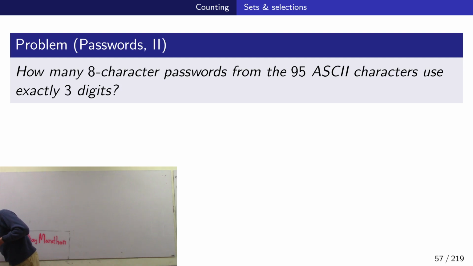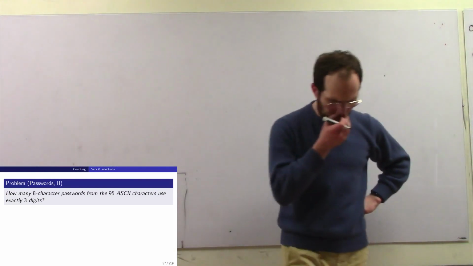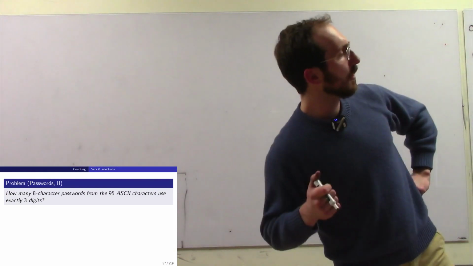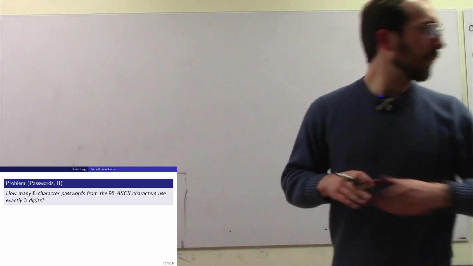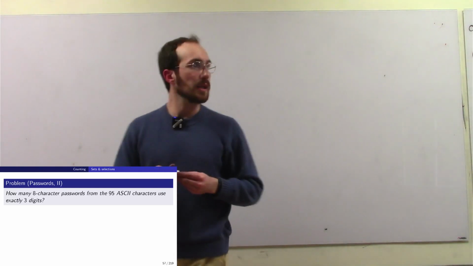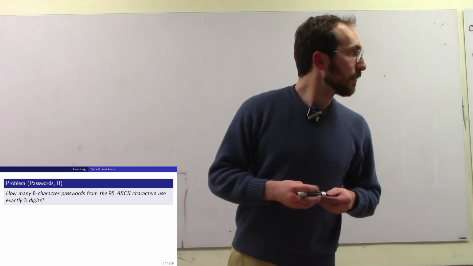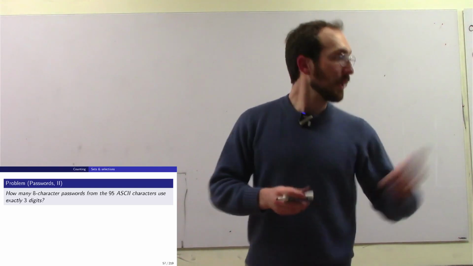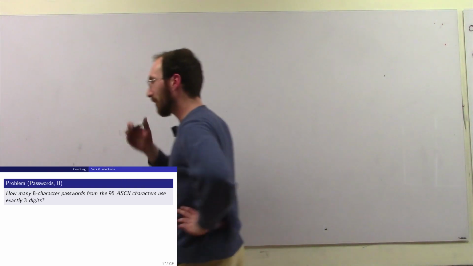Okay, so how are we going to do that, right? The ASCII characters, there's 95 of them, but we want to use exactly 3 digits in there. So, is that digit like 0 through 9? And then yes. Be whatever it wants to be? Yeah, I'm trying to recall this.